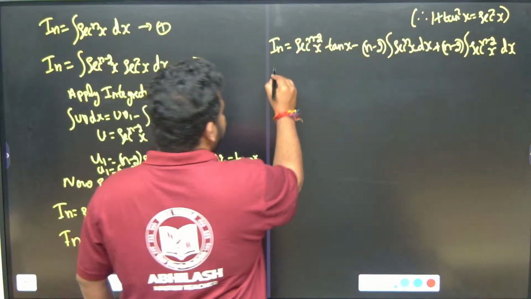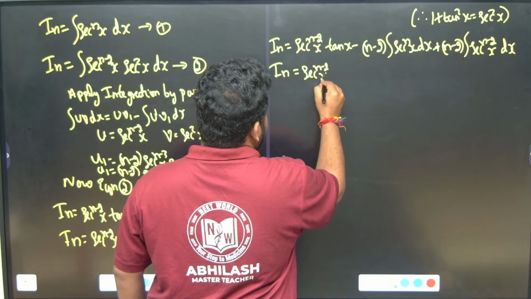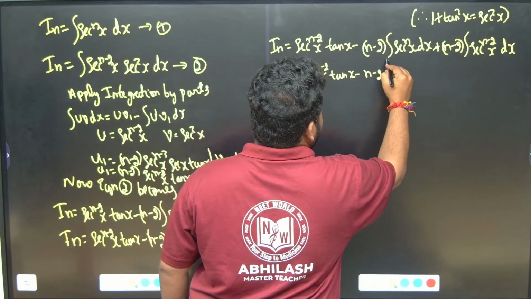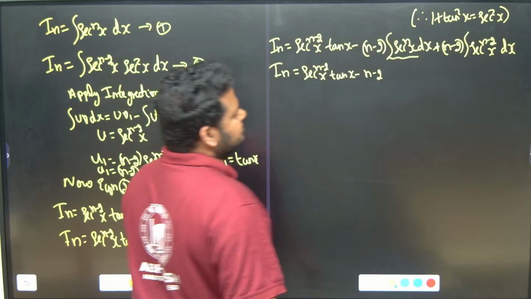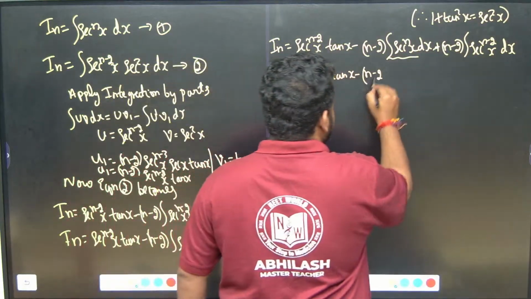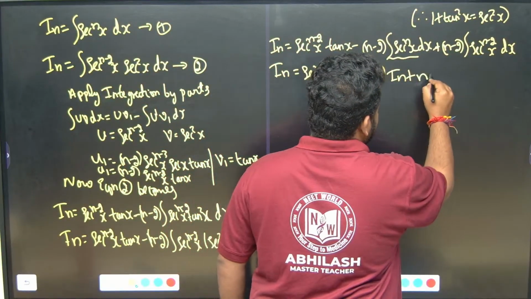So further this will become what, friends? In is equal to secant n minus 2 x tan x minus n minus 2. So observe here carefully. Integral of secant n x dx is what? From 1, this is nothing but equal to In. Correct? N minus 2 into In, plus n minus 2 into what is this?